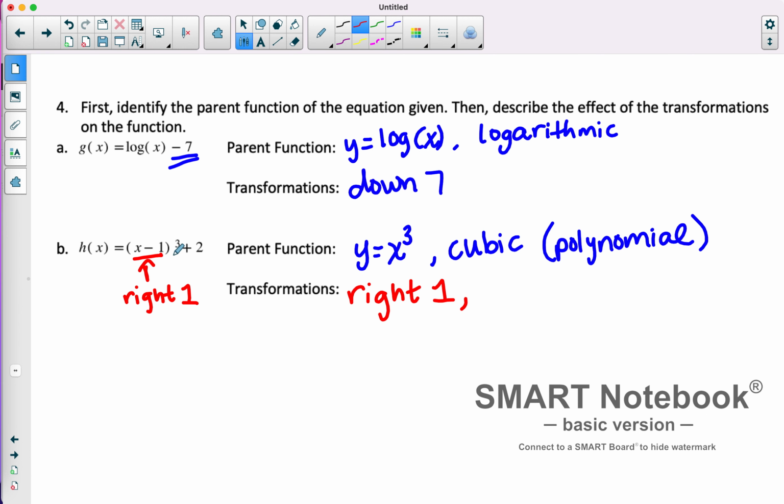The cube doesn't do anything as far as the transformation goes. The cube is our parent function. The plus 2 is outside of the parent function, which makes it move up 2. So a left or right is inside, up and down is outside, affecting the y values of the outputs.